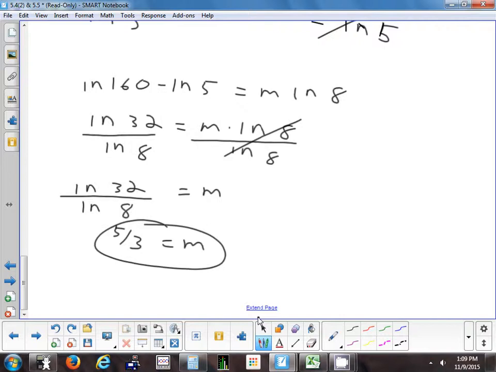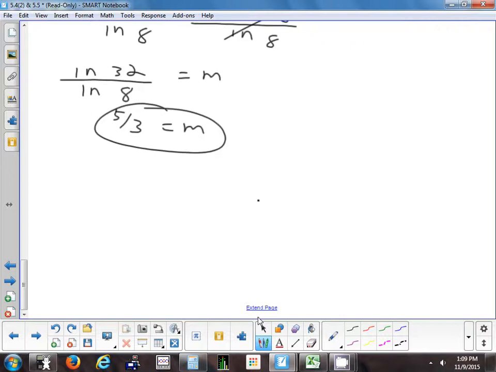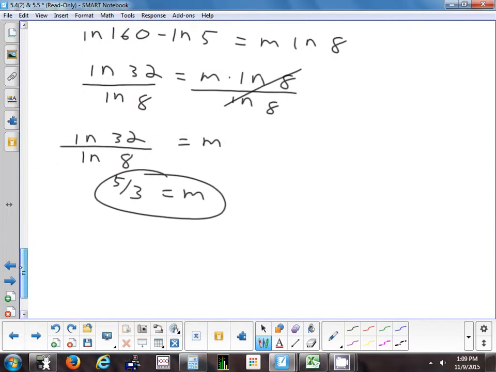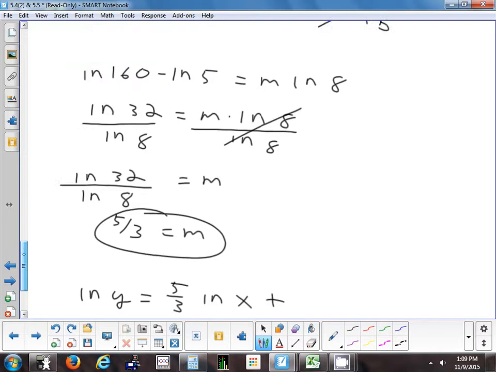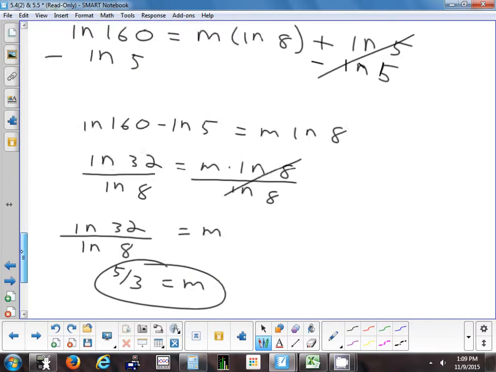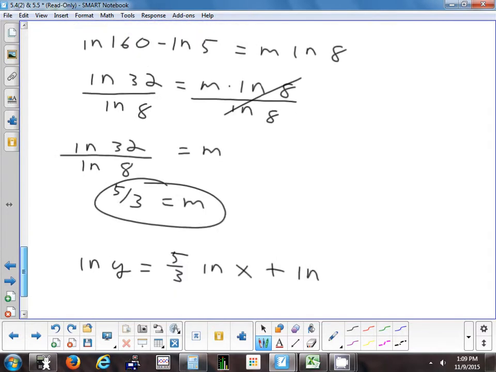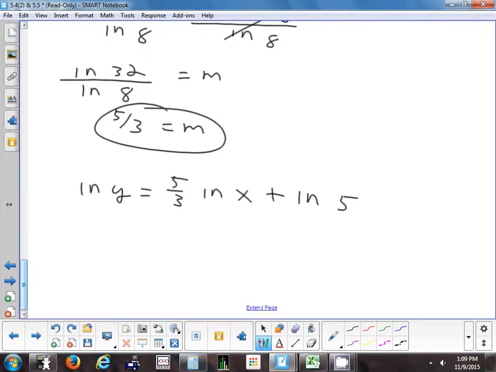Okay, so now let me show you how we plug these in and we can end up with our final answer. All right, so we had ln of y equals m ln of x plus ln of, what was our intercept? 5. All right, what's the first thing I could do here?